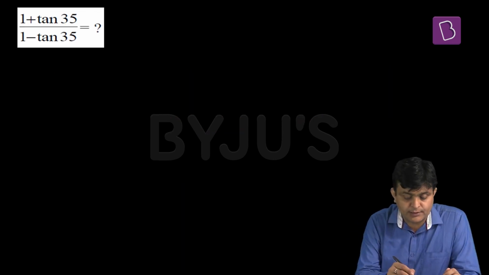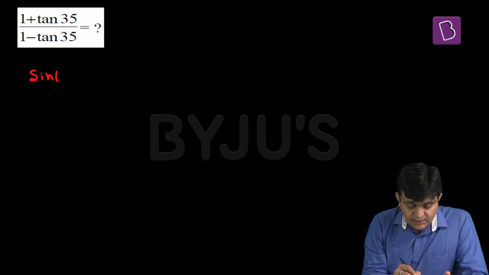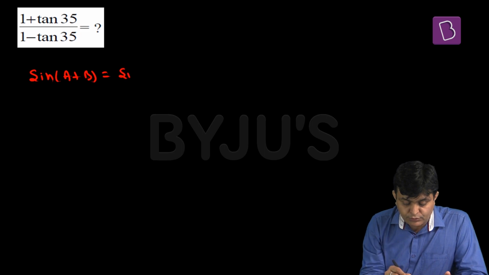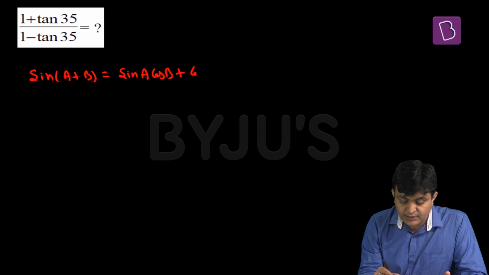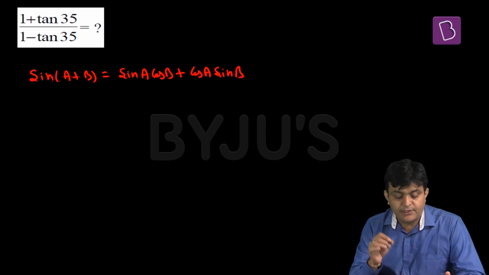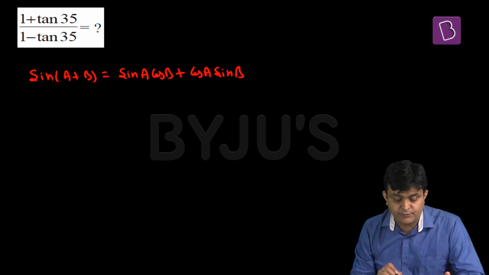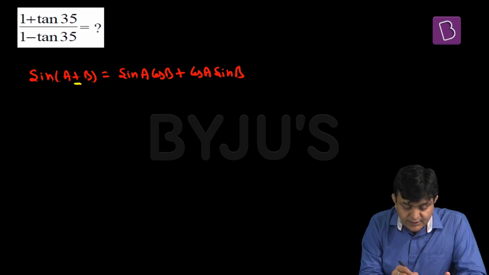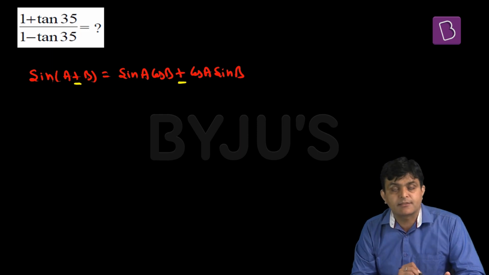Before doing this question, we have to do sin A plus B is equal to sin A cos B plus cos A sin B. When we need sin A plus B, we will use this formula. If it is sin A minus B, then this becomes minus.